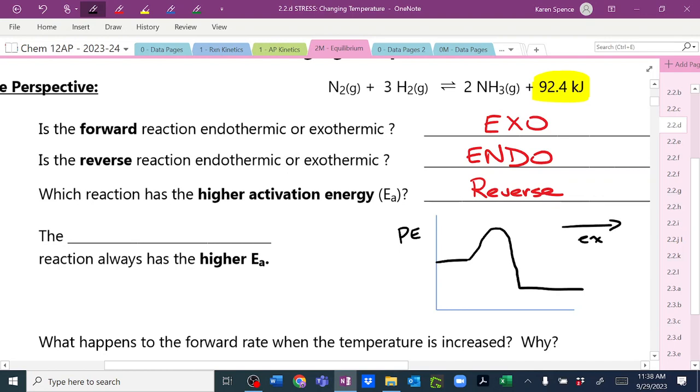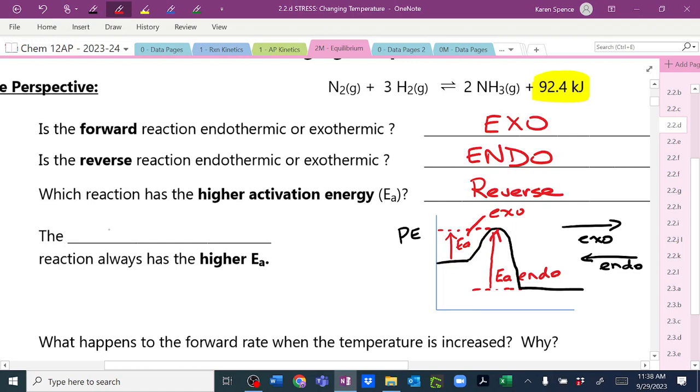Forward is exo, reverse is endo, and you can see that the endothermic direction has the larger activation energy and the exo has the smaller activation energy.